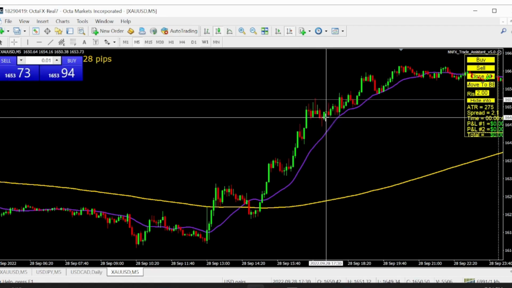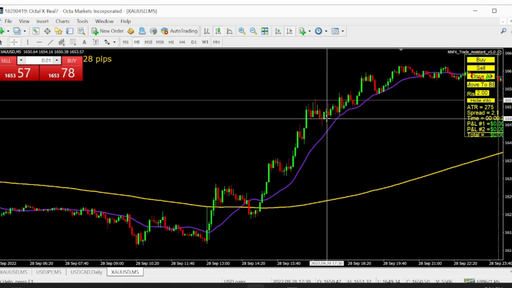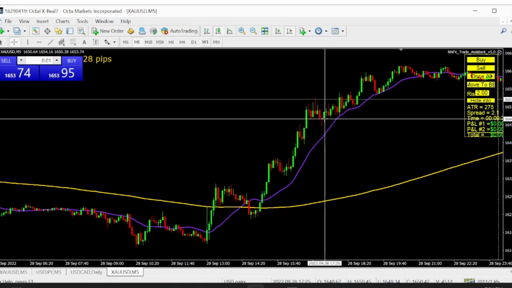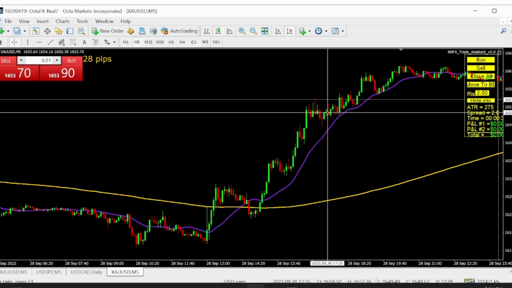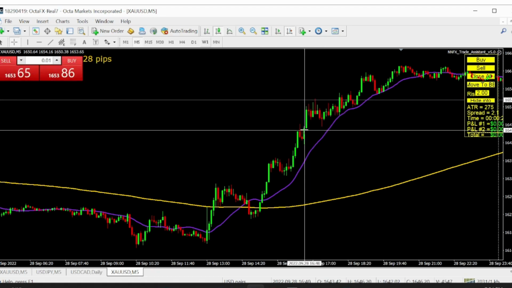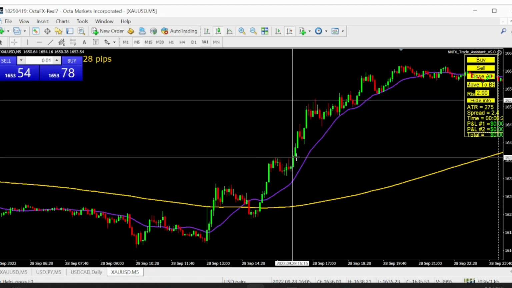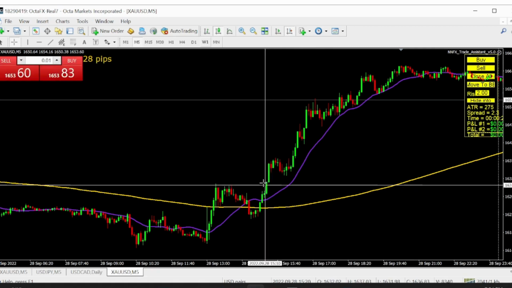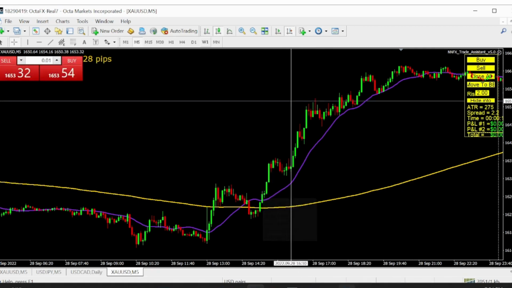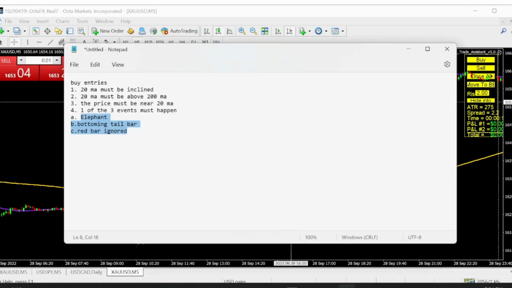This candle has got a very big tail at its bottom, right? So whenever this candle gets overtaken by a green candle, you enter. So this is your first entry. This can be your entry, this can be your entry, and this can be your entry. Even this can be your entry. Alright, because we meet all the rules and we never trade against the rules.